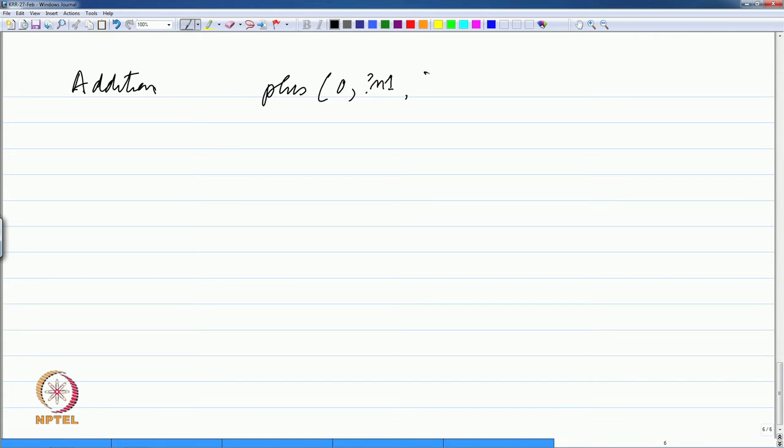Let us call it n 1, just to use different variable names. We had emphasized this point.